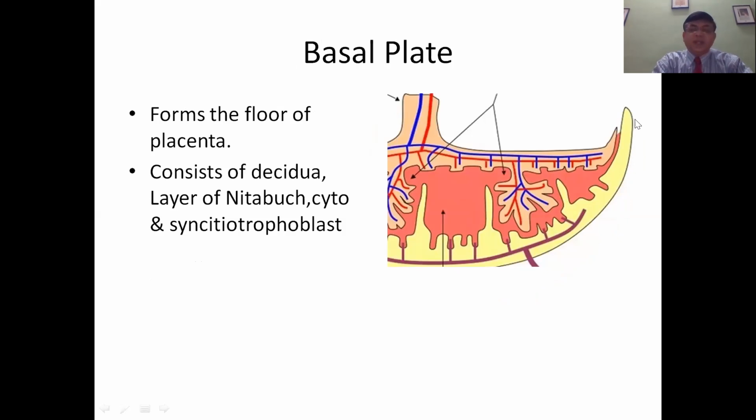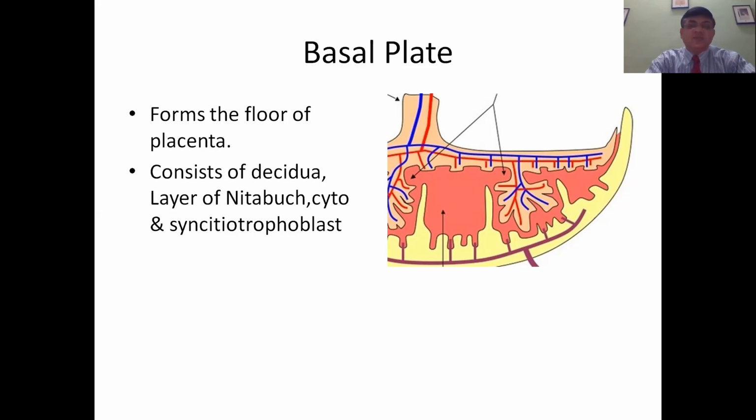So what is the basal plate? As I told you, this yellow one is the basal plate. You can write down, it forms the floor of the placenta. And what does it contain?